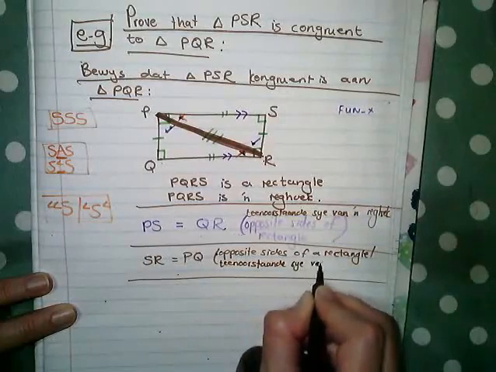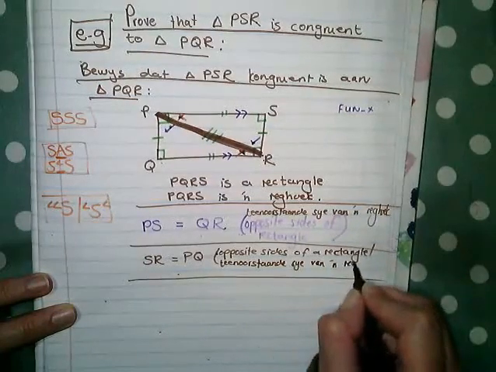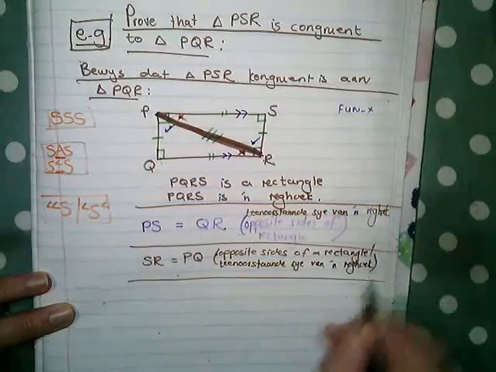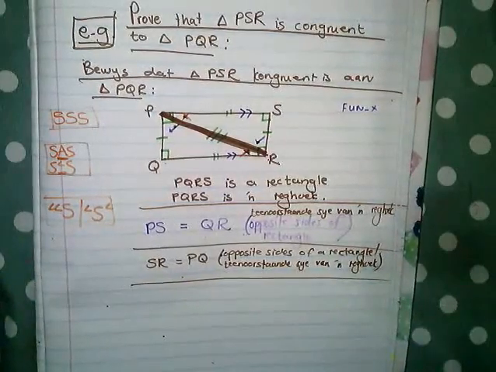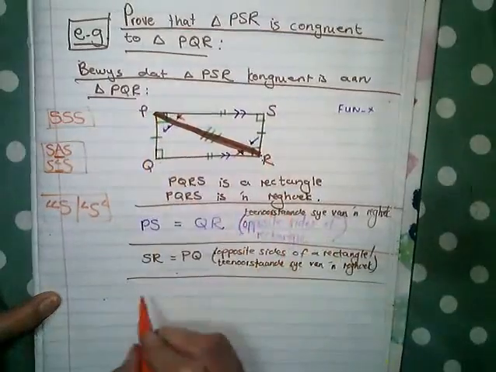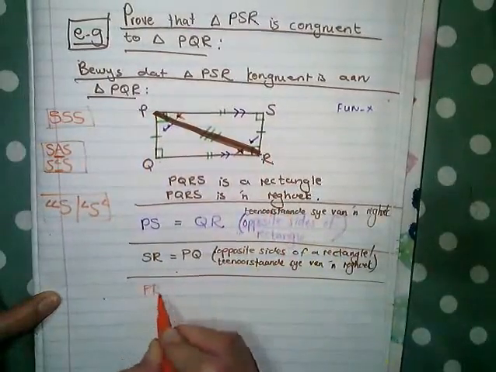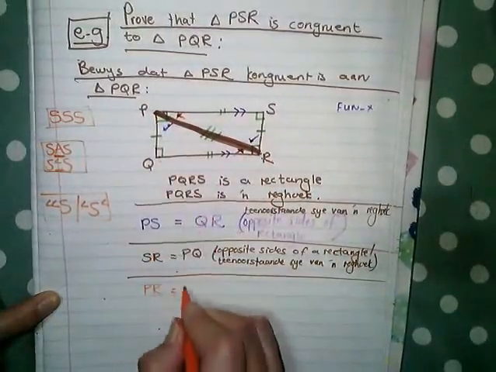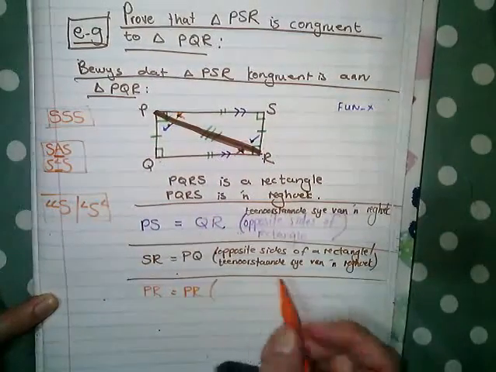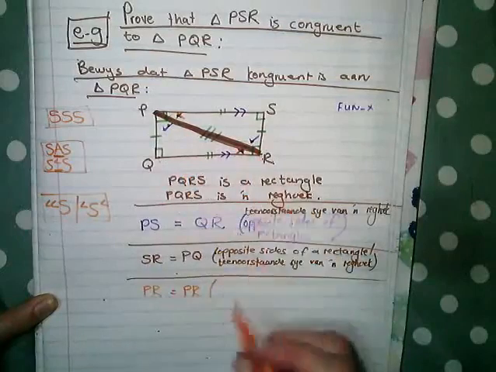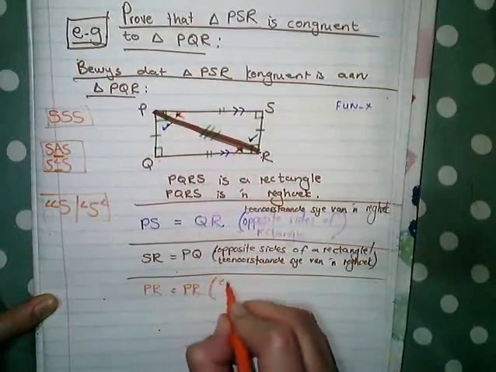Okay. And then we can also say that PR of the one triangle is equal to PR of the other triangle, and we can say that because it is a common side.